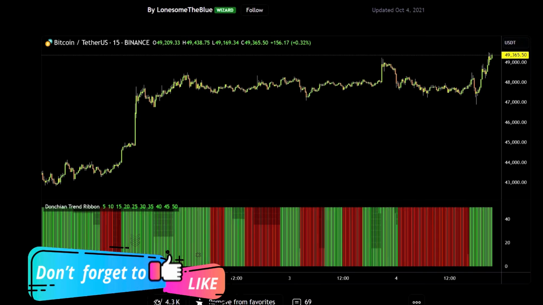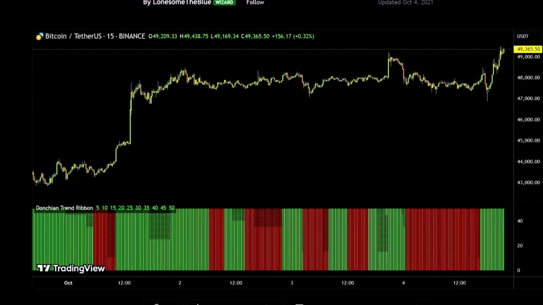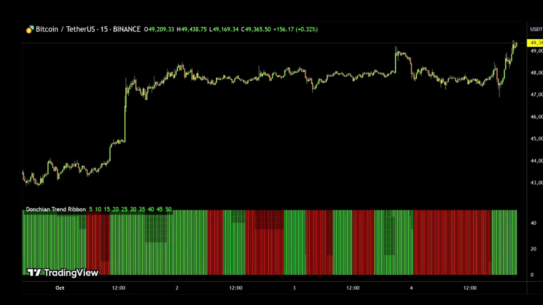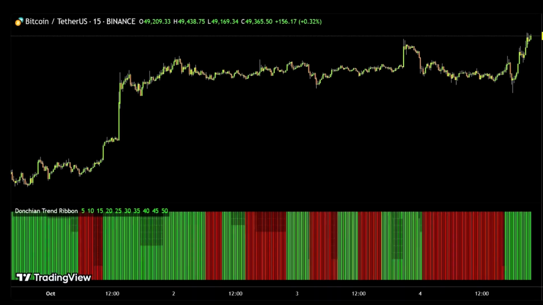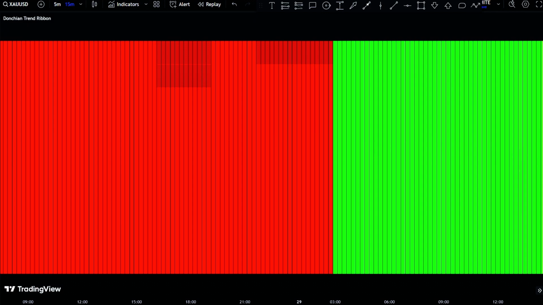It then verifies if the trend direction from the lower length matches the main trend direction. But let me give you a heads up, we can't just dive into using the Donchian trend ribbon without doing a little fine tuning first.